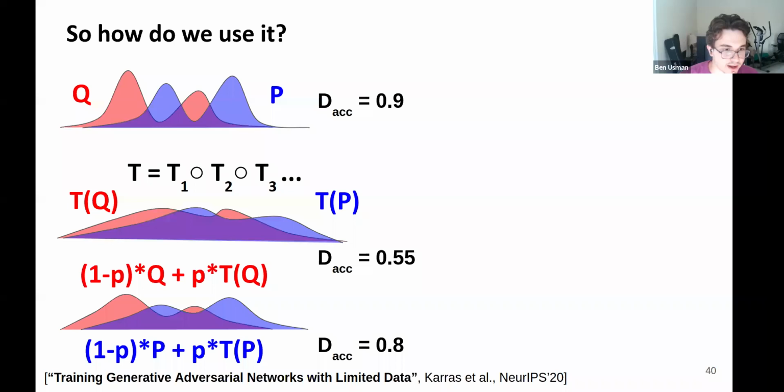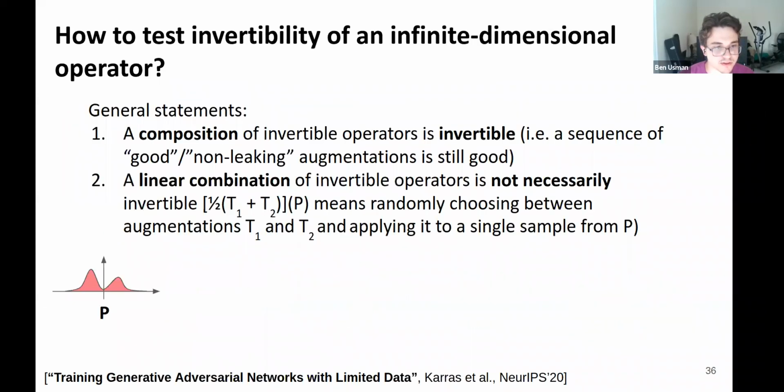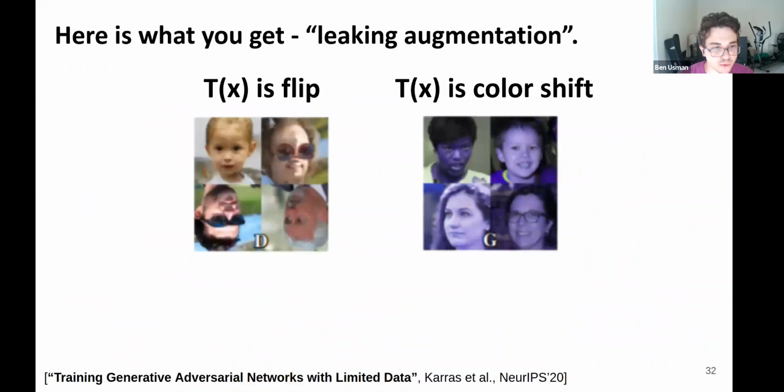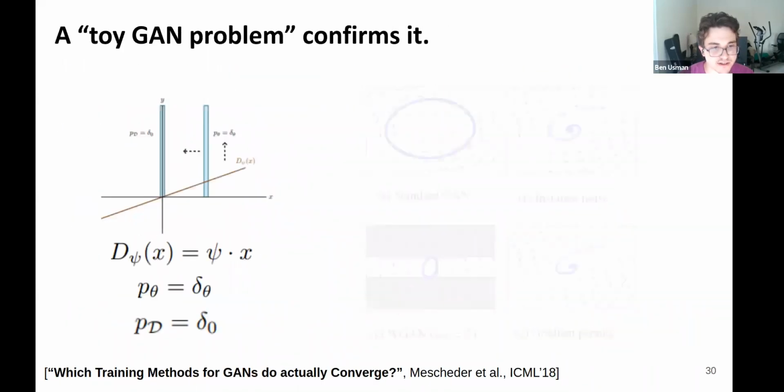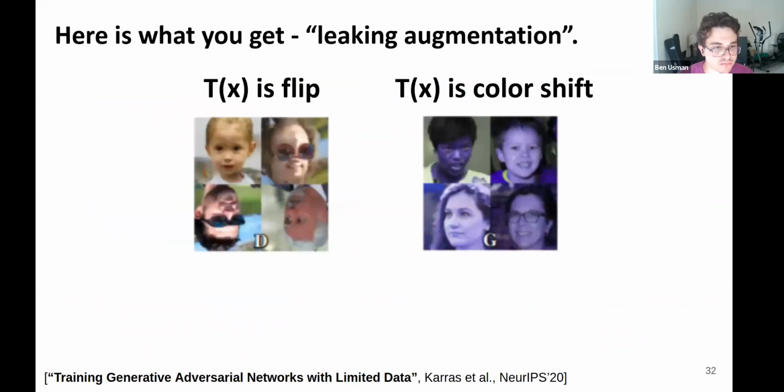Okay, so I think that it's important because previously people knew that adding noise stabilizes training, like here, and they were trying to add other augmentations and they got some crappy results and they didn't even know why. It intuitively made sense that if you perturb the colors of the inputs randomly, then your discriminator cannot tell whether the colors are good or not, or whether the rotation is good or not.